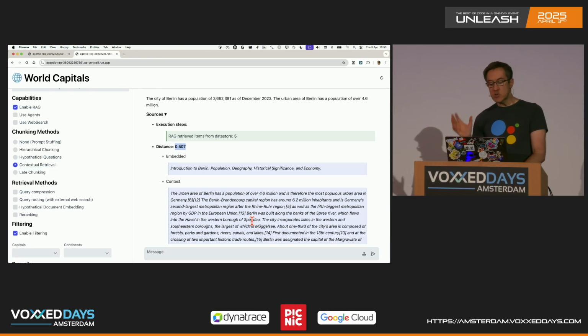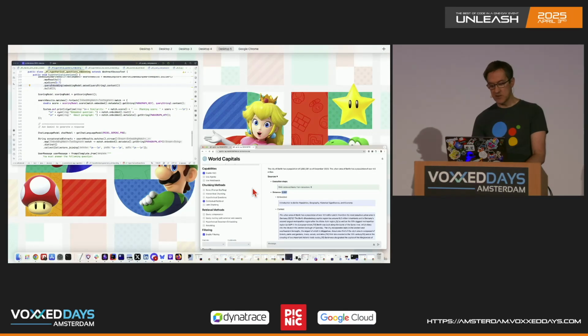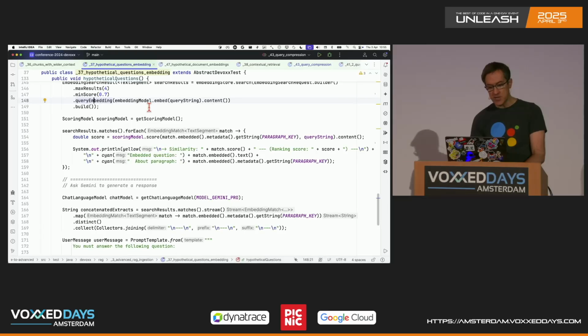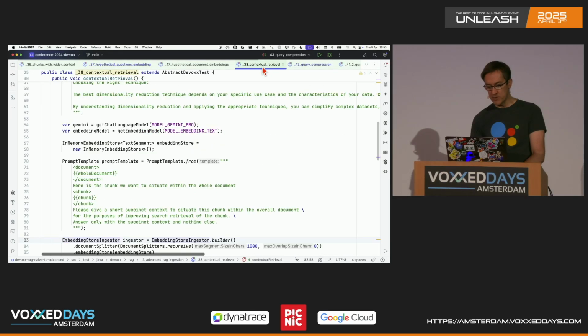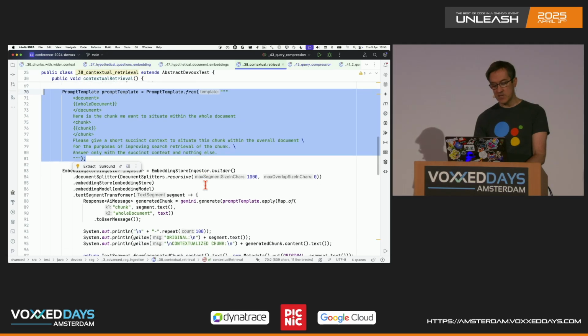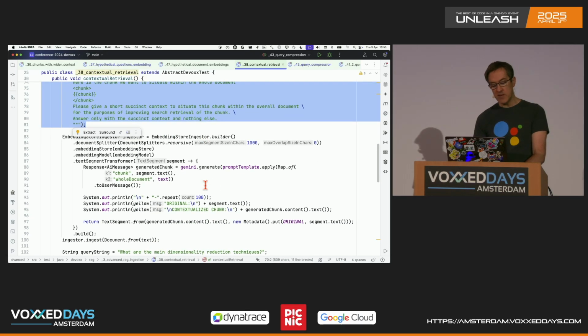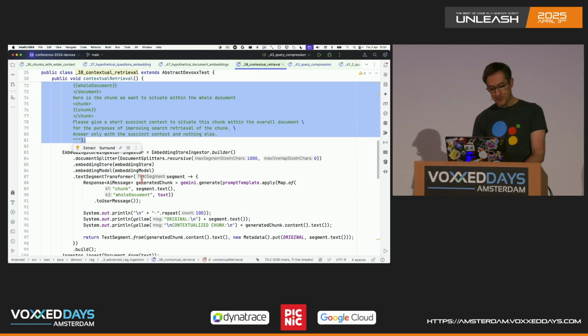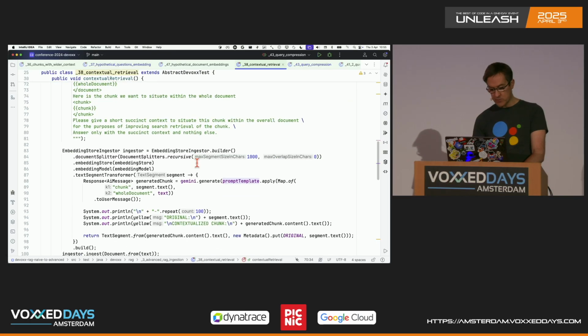So again, the sole downside, I would say, is the fact that it consumes a lot of tokens, so it's a bit expensive. And to do it, I can show you, I must have it open somewhere. So that's the prompt I had in the slide, basically. When I calculate the embedding, my prompt is here.